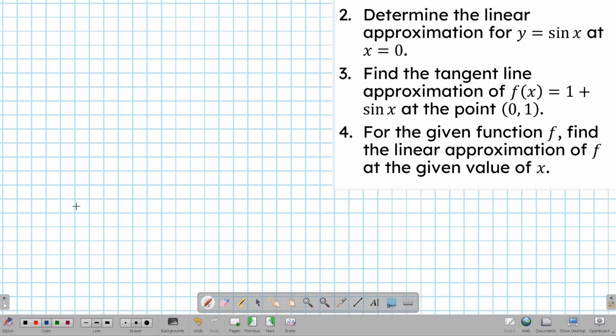Now let's work with number 2. We are asked to find the linear approximation for y is equal to sine x at x equals 0. Again, we have the equation y is equal to f of a plus f prime of a times x minus a. In this case, a is equal to 0. So the first thing that we need to do is find the derivative, then the value of the derivative at a and f of a.